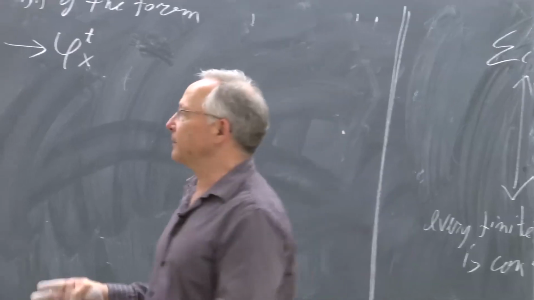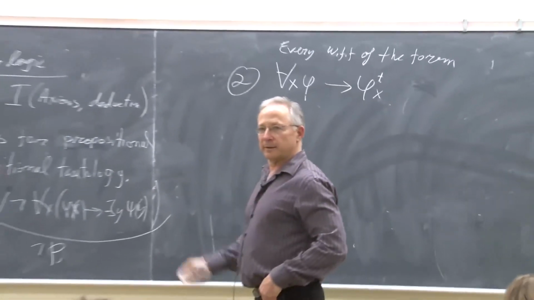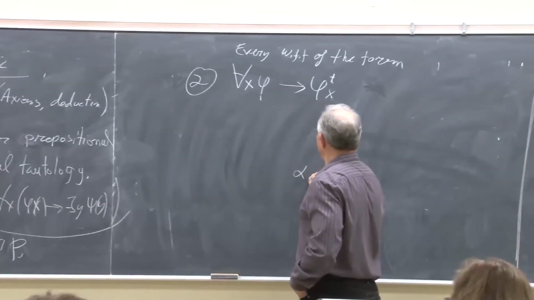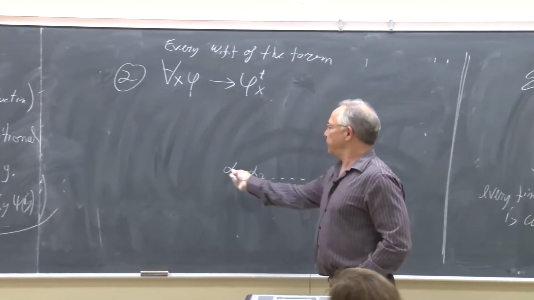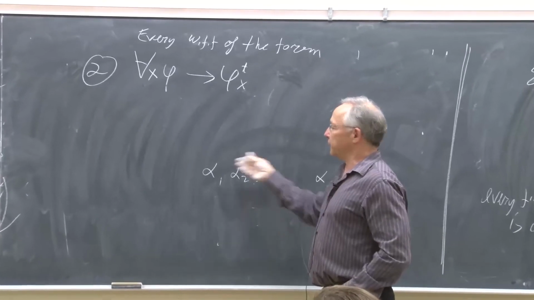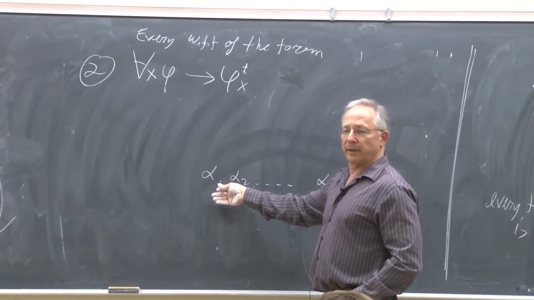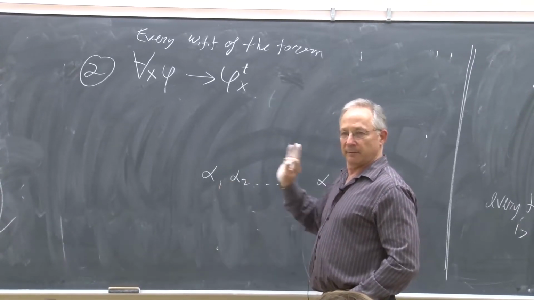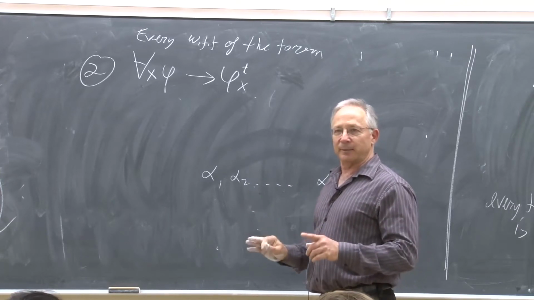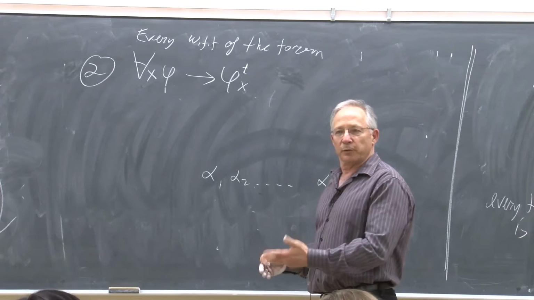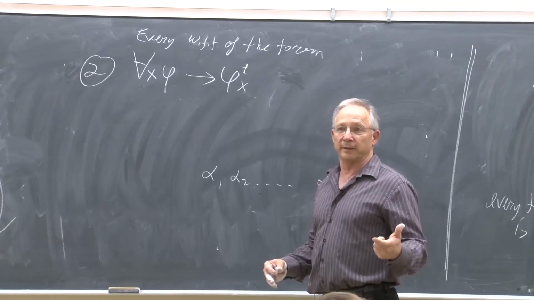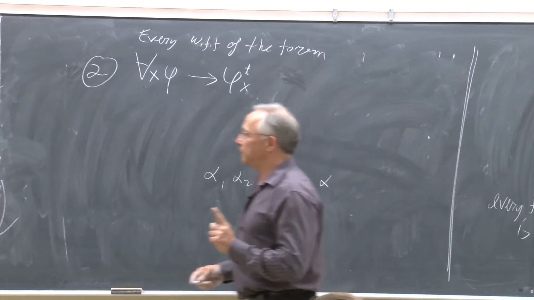Proving means you have a sequence of formulas. To prove alpha, you have alpha 1, alpha 2, up to alpha n, such that each of them is either an axiom or follows from someone before by modus ponens. Second step is, if we have soundness and completeness, then everything that we prove is a logical truth. But here we have to distinguish.